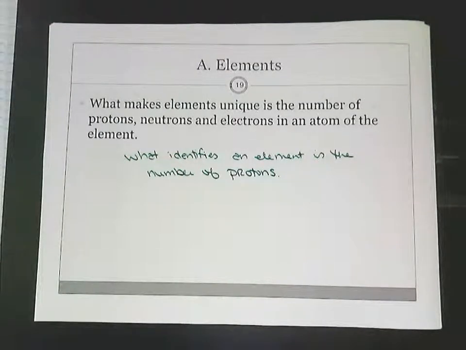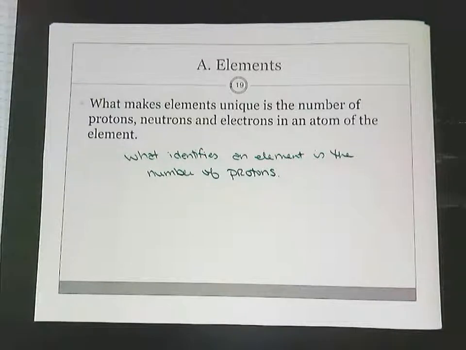So let's say we'll go back to good old oxygen. All right, so if I'm looking at oxygen, it's atomic number 8, right? It's the only 8 on the table. That 8 tells me there are 8 protons in it. There's no other element that has 8 protons. Or I can look at zinc, right? Zinc tells me number 30.